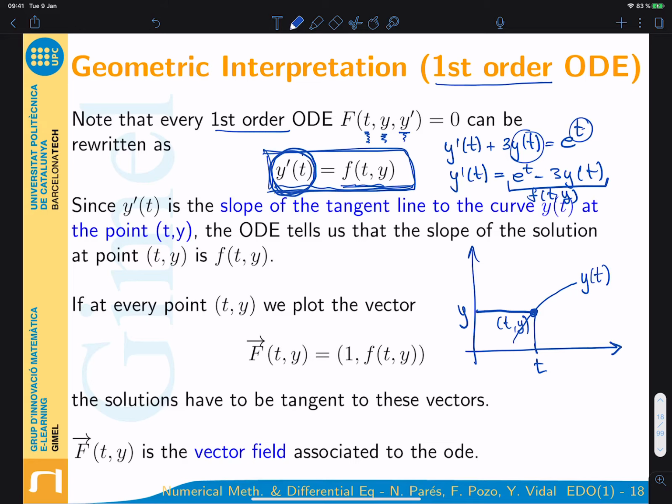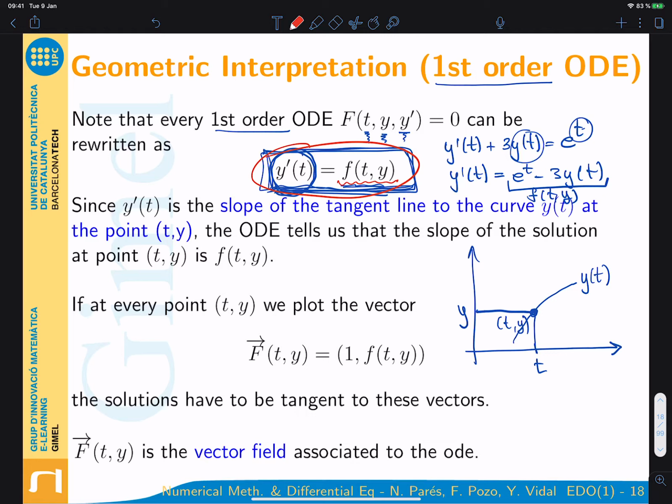And solving the differential equation is finding out who is this function. Okay, now how can I do that from a geometrical point of view? Well, let's use the information we have at this formula. This formula is telling us that at point t here, y' is equal to f(t, y). And I can compute f(t, y). The unknown is y'(t).